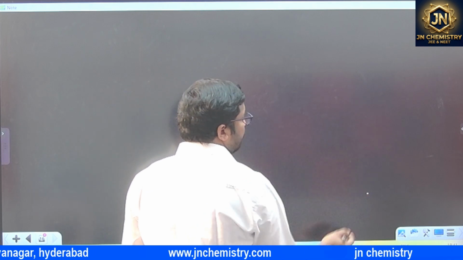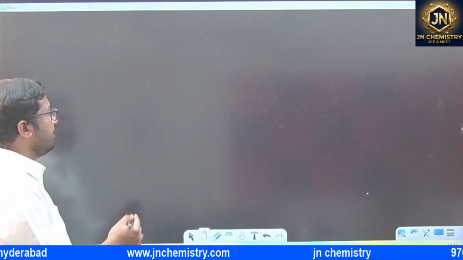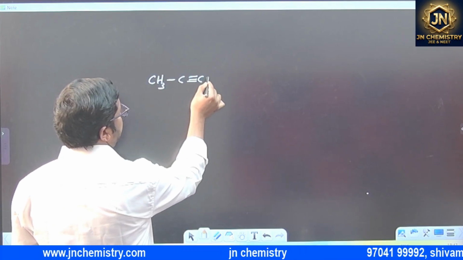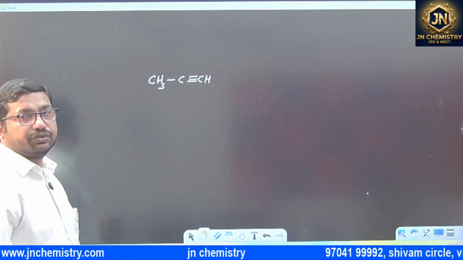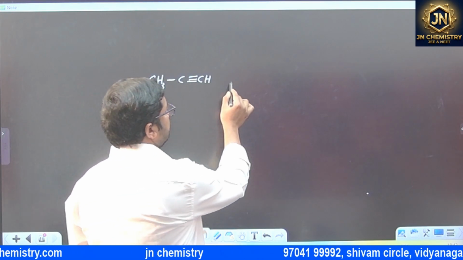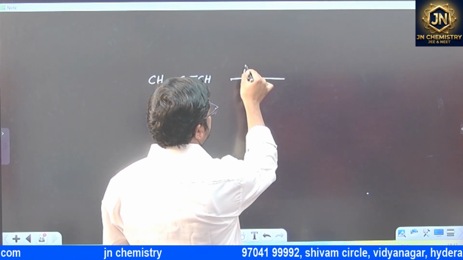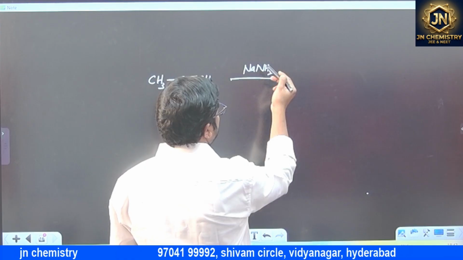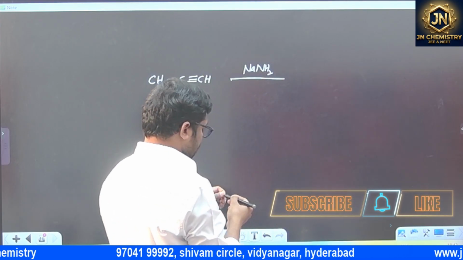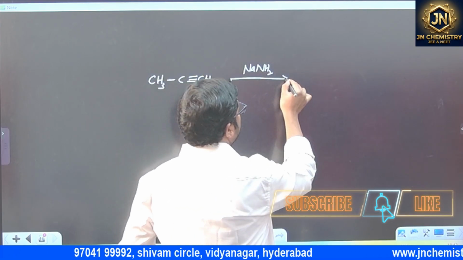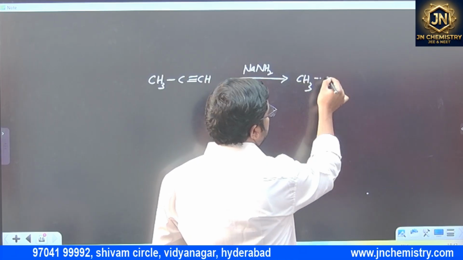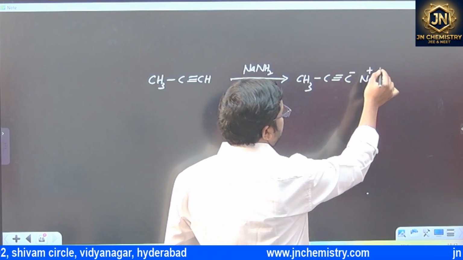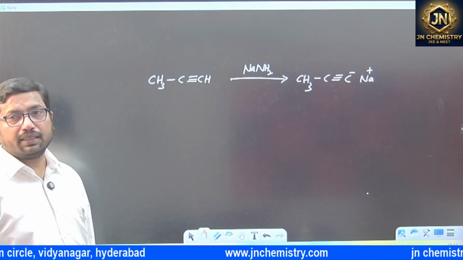From lower alkynes to higher alkynes also we can prepare. For example, try to understand: CH3C triple bond CH. If you are using NaNH2, what exactly happens? We get CH3C triple bond C minus Na plus. Right?